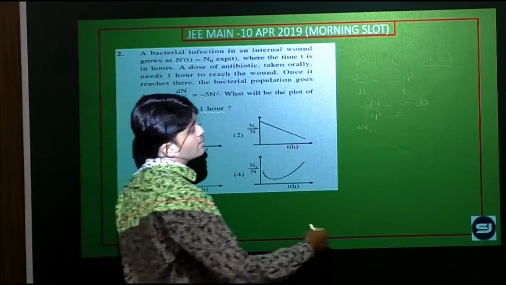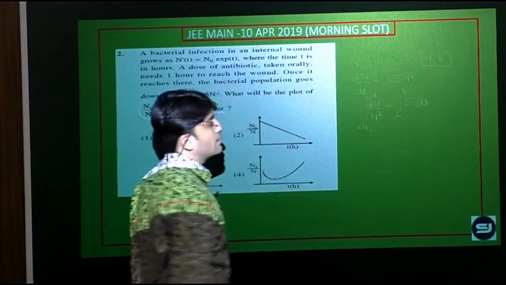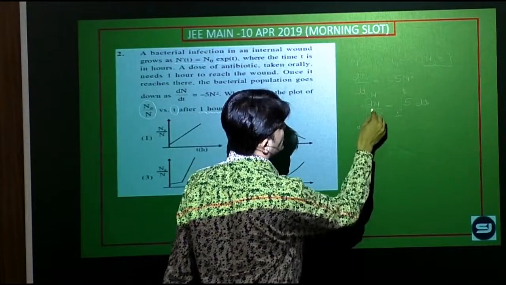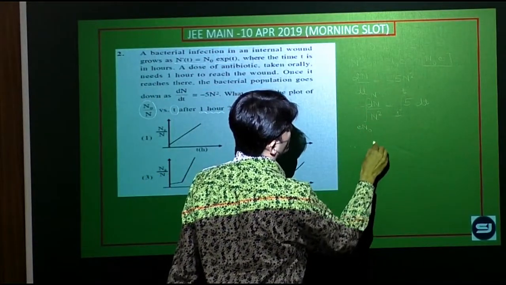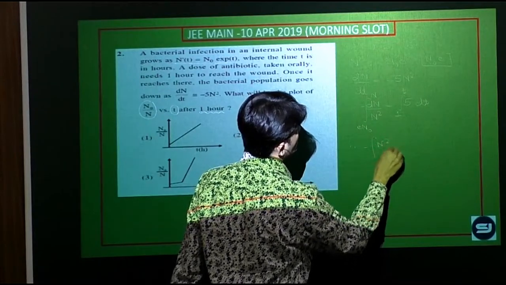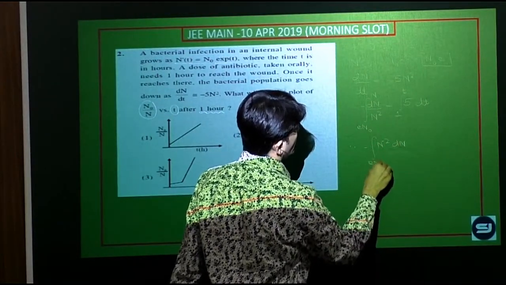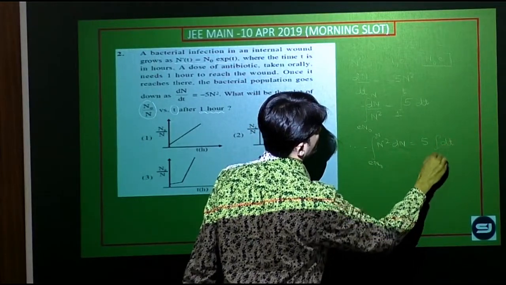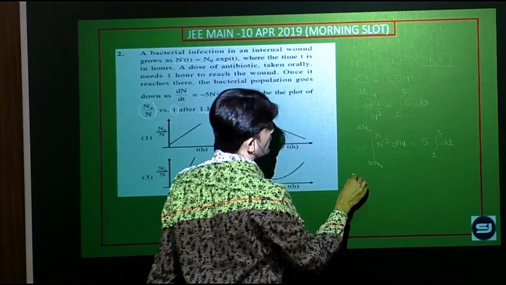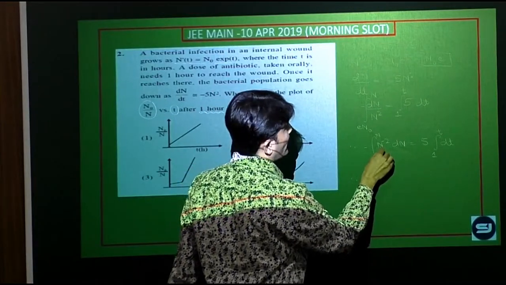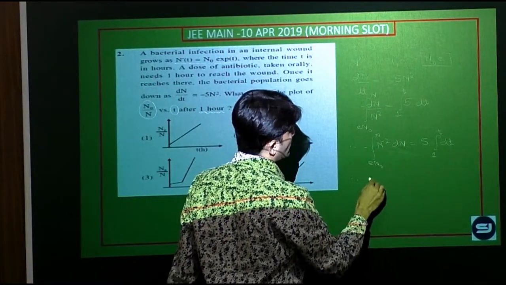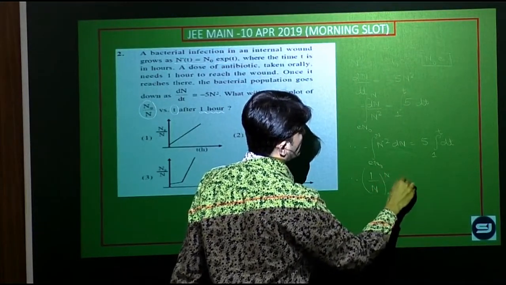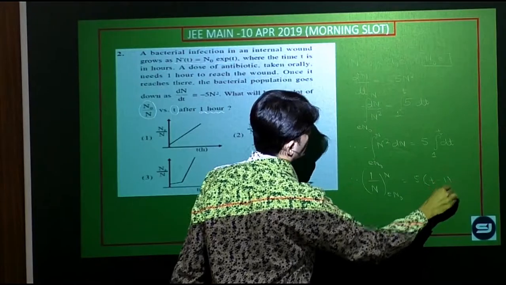And after time 1 hour, it is just equal to N. Now, a simple integration. dN by N square is minus integration N to the power minus 2 dN from e N0 to N equal to 5 outside integration dt from 1 to t. So, this will be minus of N to the power minus 1. So, it will be 1 by N from the limit e N0 to N equal to 5 into t minus 1.